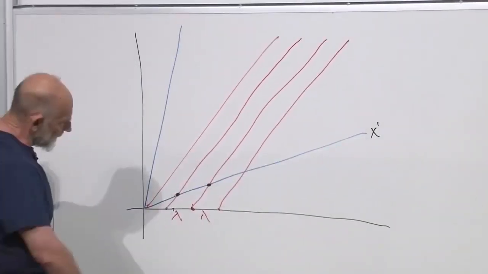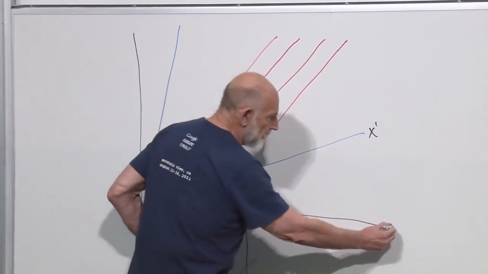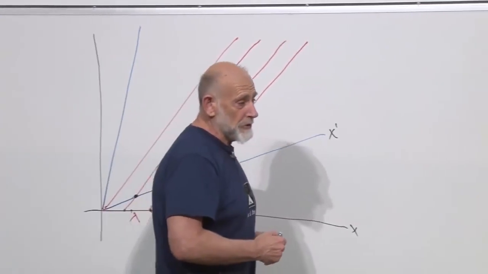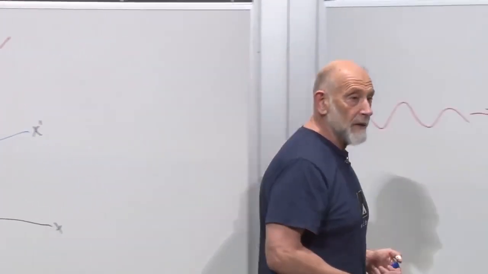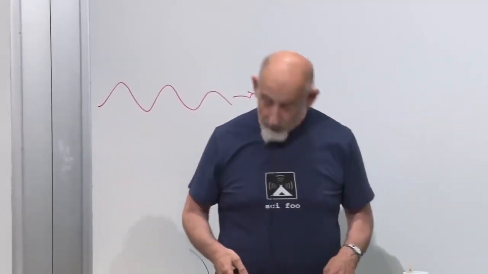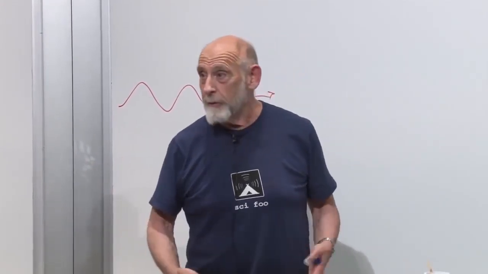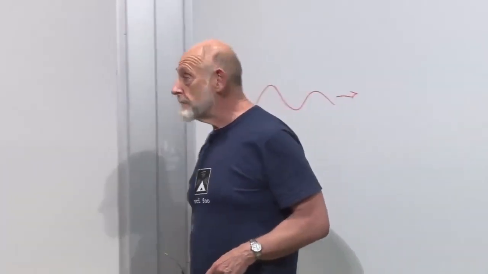X is your coordinate. The x distance between these is lambda. And you can figure out what the x prime distance is, and that's the way to calculate the Doppler shift. So I recommend it as an exercise in working with Lorentz transformations.